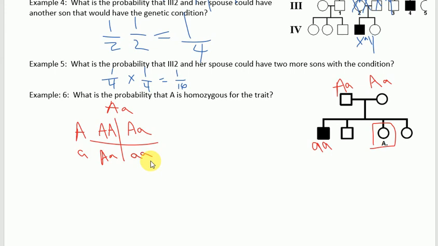Okay, so homozygous for the trait. You have to determine the trait. And we know that we're not talking about this because she's not shaded. So we're going to get rid of that. So homozygous for the trait, she would actually be 1 out of 3.